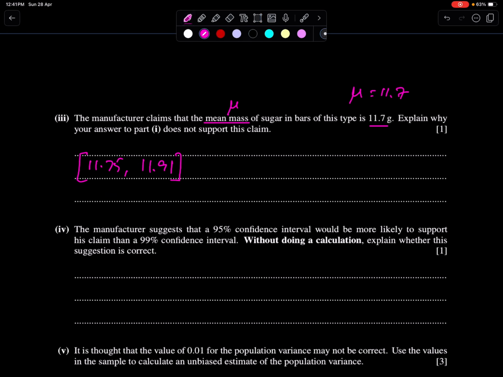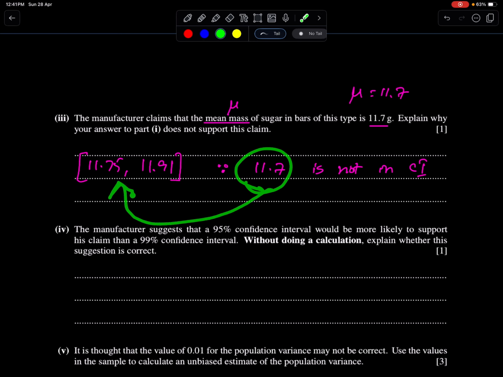You have to write because 11.7 is not in confidence interval. See, this number is not in this confidence interval. Since 11.7 is not in confidence interval, therefore the claim of manufacturer is not justified.